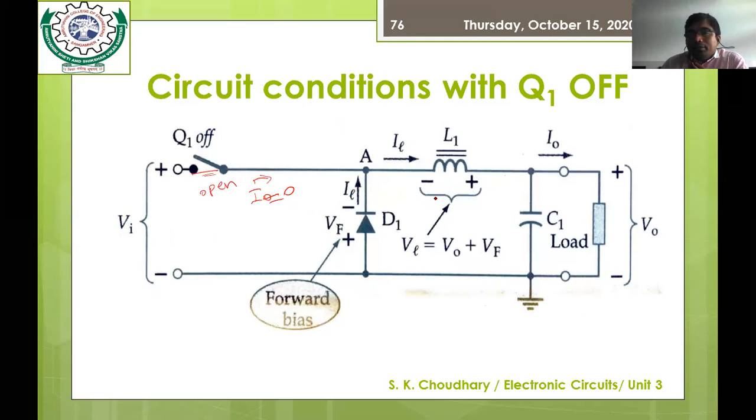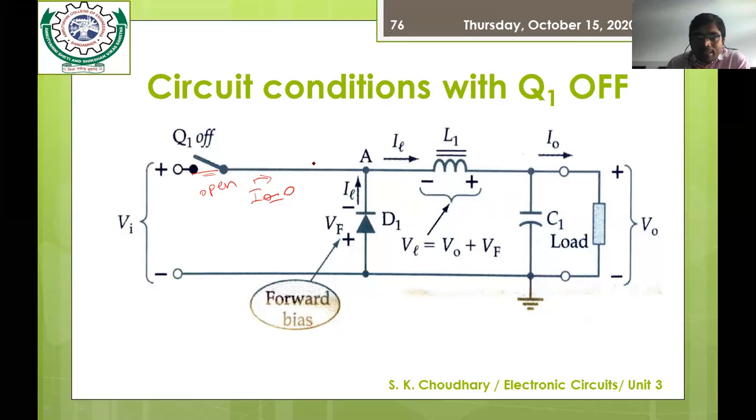We know that inductor and capacitor are both charge storing devices. Here the inductor would store the charge, and whatever charge is stored in the inductor would start to flow across the loop.